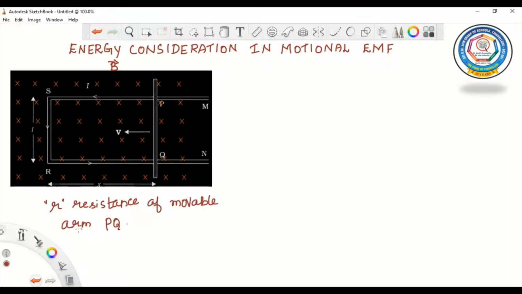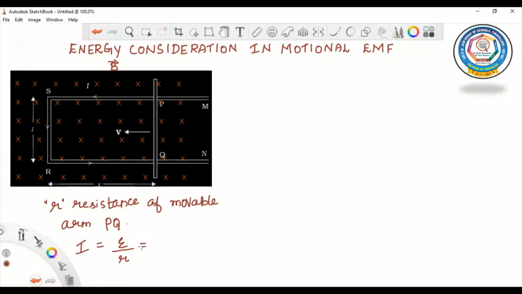So the overall resistance of the rectangular loop is taken as R, and this does not change as PQ is moved. So what will be the current in the loop? We know that the induced current is equal to the induced EMF divided by resistance.